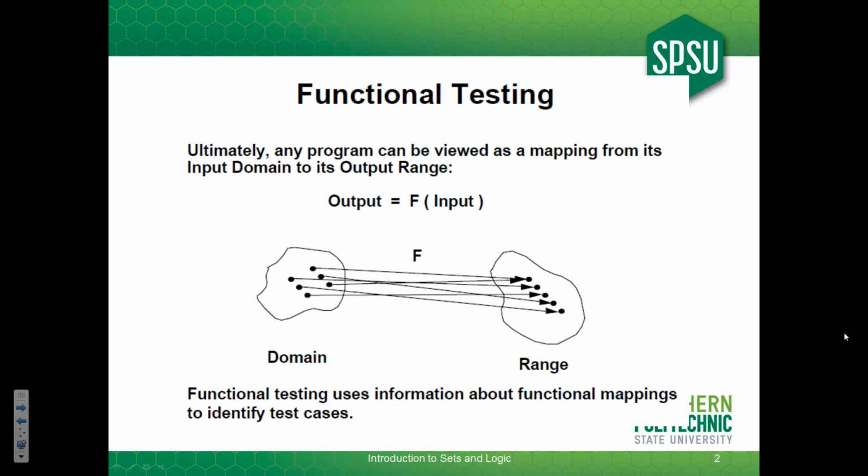Later on, you are going to see that we can also look at the range. We can look at the output, and we divide the test cases in such a way that we come up with the appropriate data to address a particular range of outputs. But right now, the main focus is going to be what types of input we should have in our test cases.